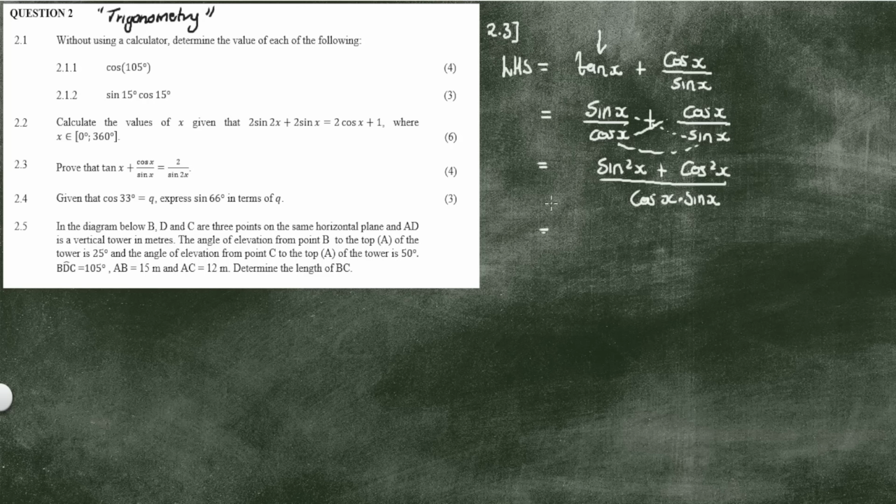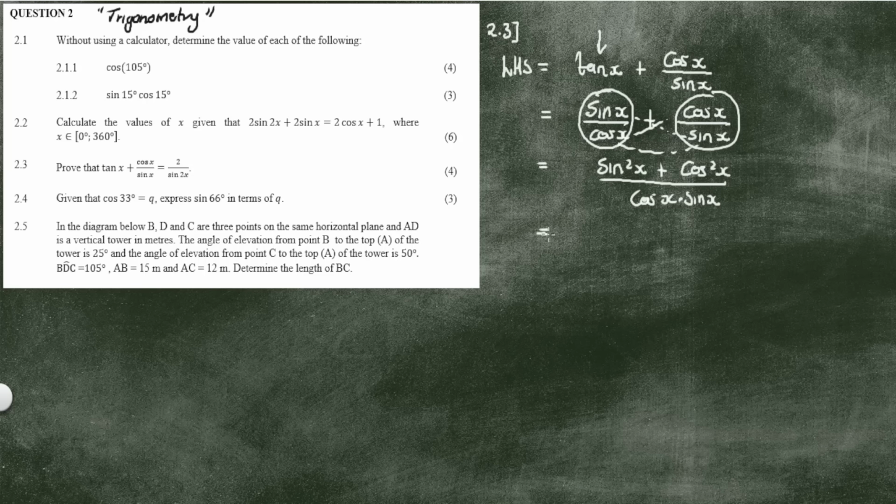I'm doing a butterfly method, where instead of finding the LCD and multiplying everything out by the LCD, I'm taking these two fractions and performing a butterfly method. You take the denominator, multiply with that numerator. You take this denominator, multiply with that numerator. Then you come back and multiply the denominators.